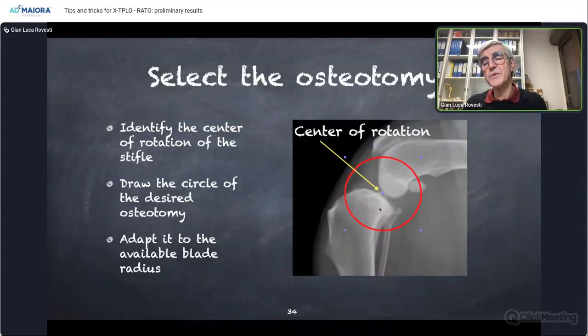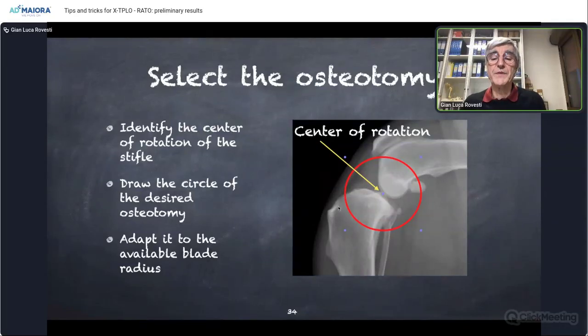I just try to select the best osteotomy, I think. That means, for example, the criteria that I use: we should stay far enough from the insertion, that is this whitish area, from the insertion of the patellar ligament.